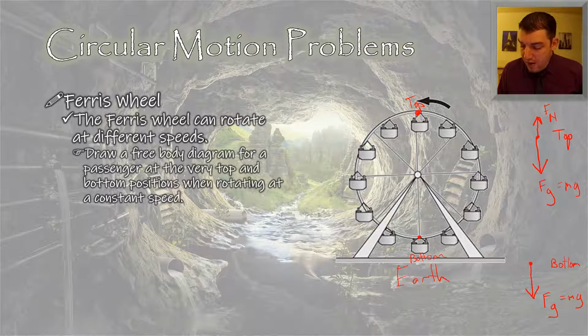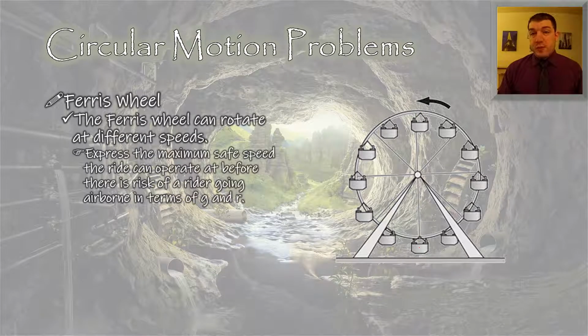So now, at this point, we have to have the net force towards the center of the circle, which is up. So the net force going towards the center means our upward force has to be greater than the downward force. That means the normal force here has to be greater than the force of gravity in order to create this centripetal force, or the net force towards the center.